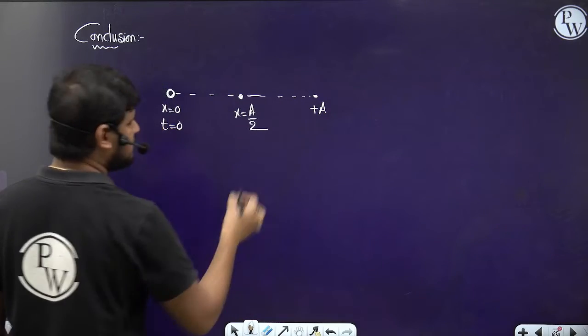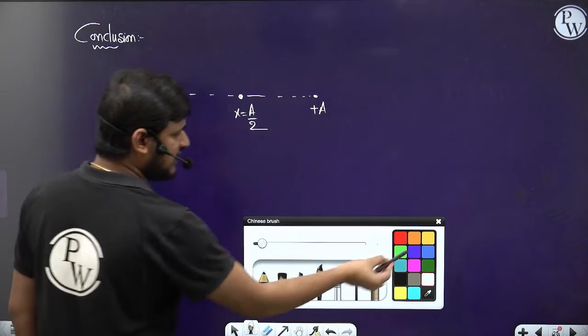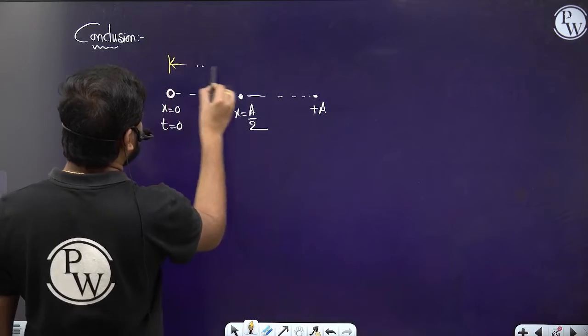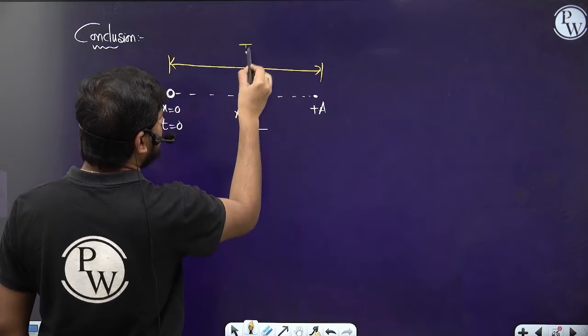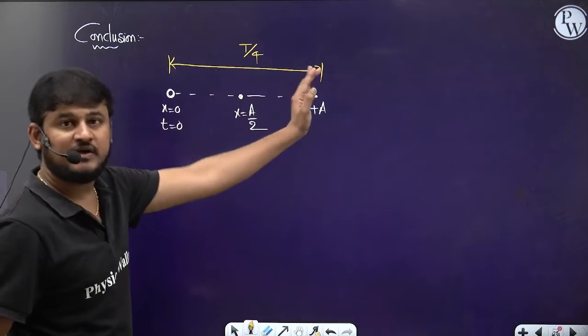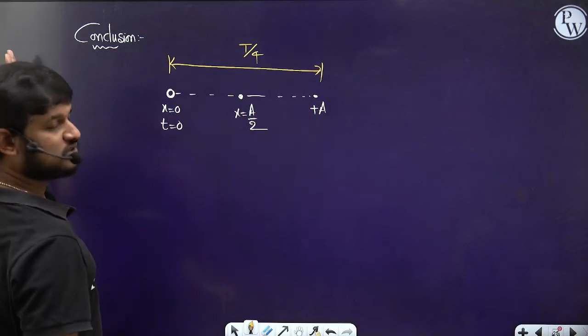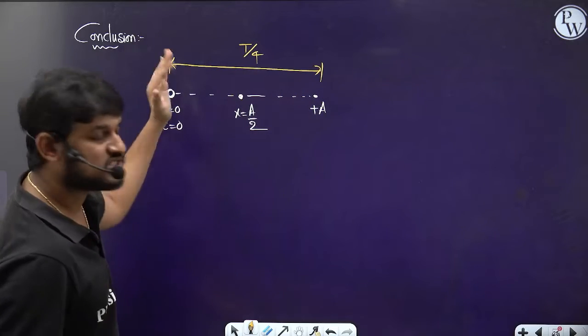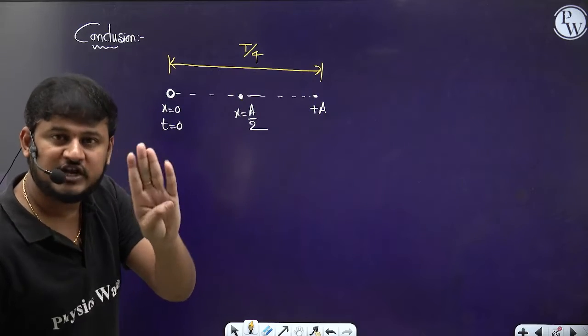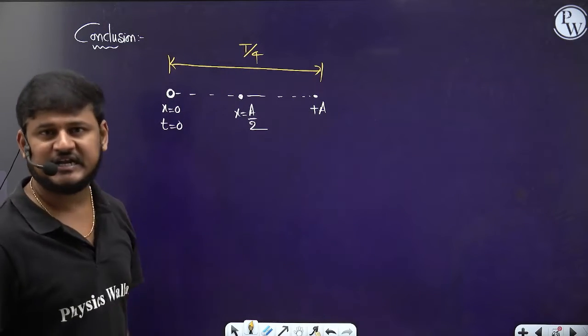You know that the total time taken from the mean to the right extreme is T by 4. From here to here T by 4, from here to the left extreme T by 4, again from the left extreme to the mean T by 4. Total 4 T by 4, which is the total time period T.